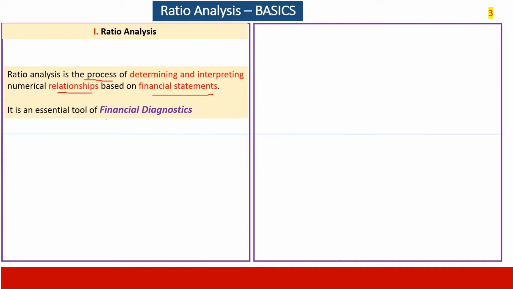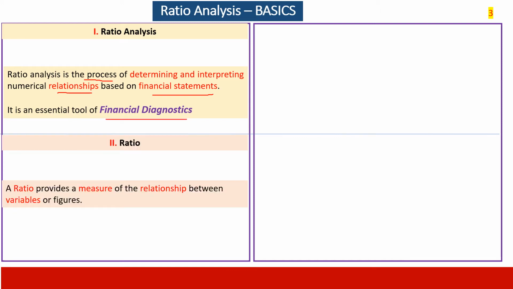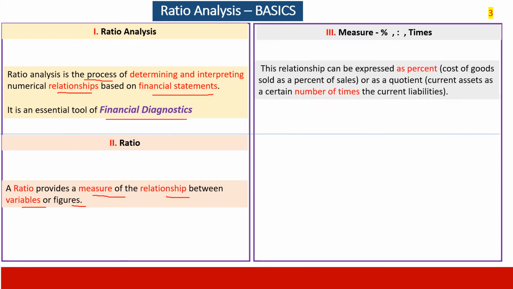It is a tool of financial diagnostics, and the ratios provide a measure of relationship. They define the quantum between two variables or figures, and they are expressed either as a percentage or as a ratio 2:1, 3:1, or times, 10 times turnover. The relationship can be expressed as a percentage or number of times and also as a ratio.